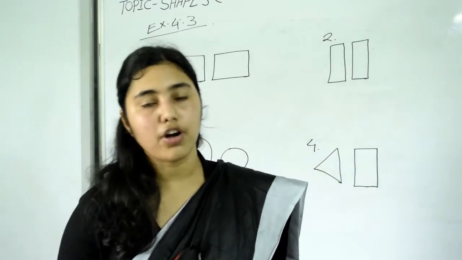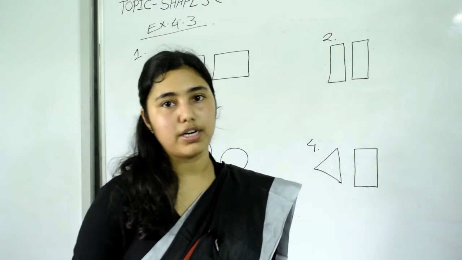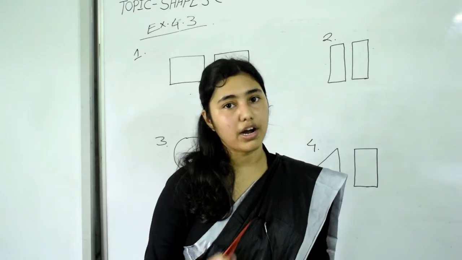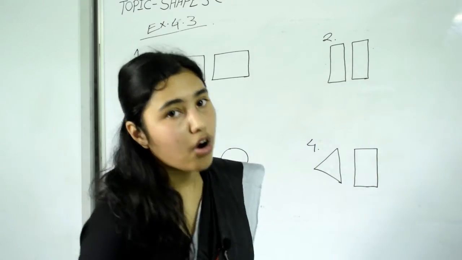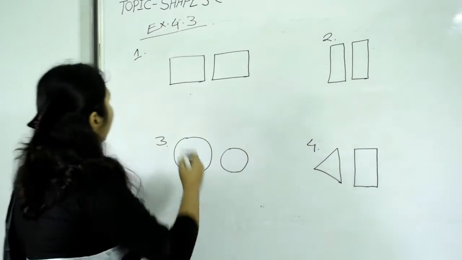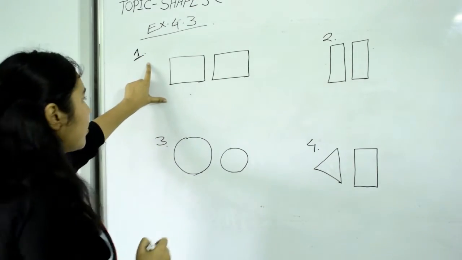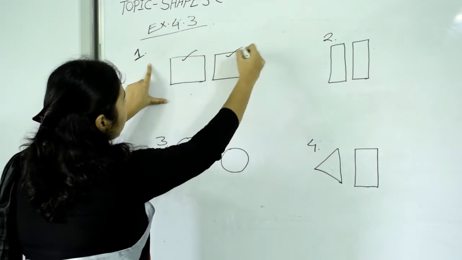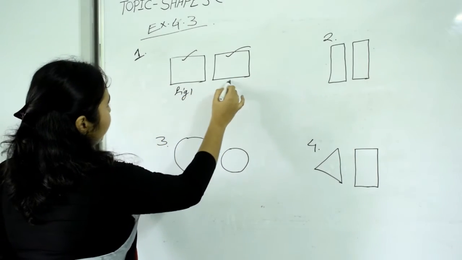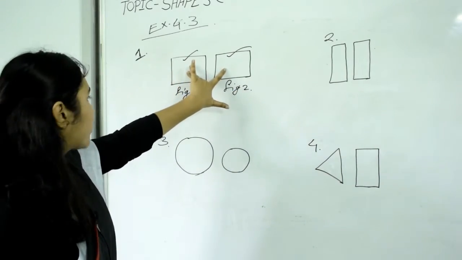Our next topic of this class is congruent figures. Figures that have the same shape and are of the same size are called congruent figures. Look here. Example 1: both these figures, figure 1 and figure 2, are squares, right?